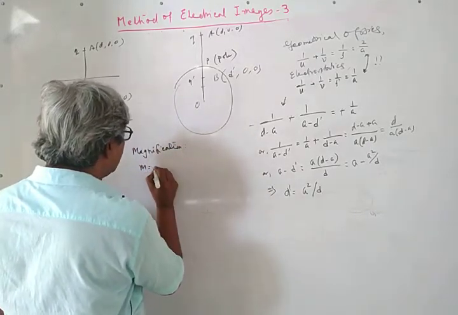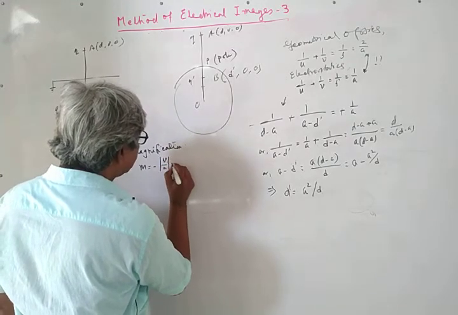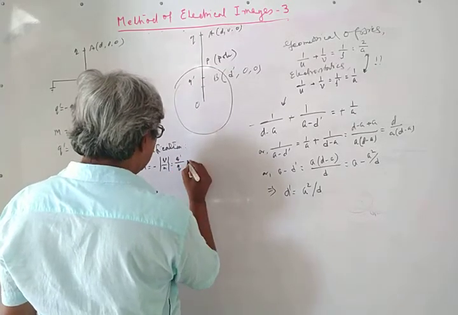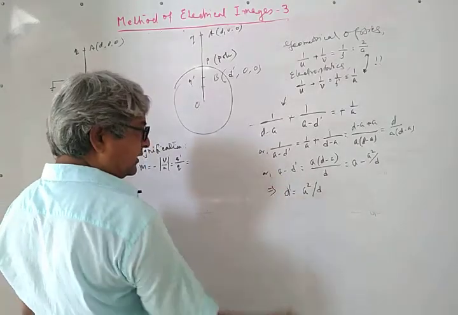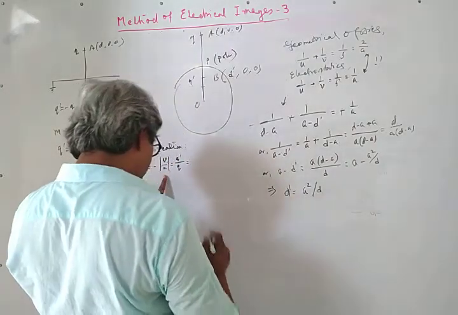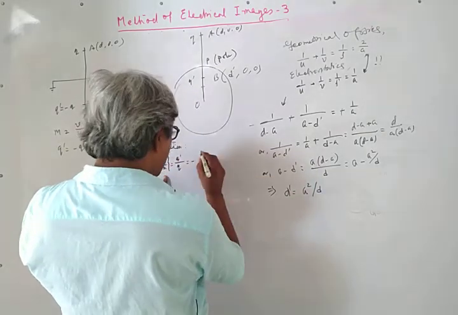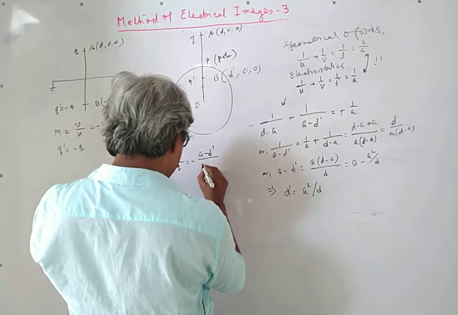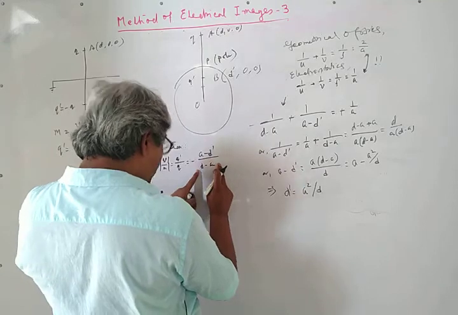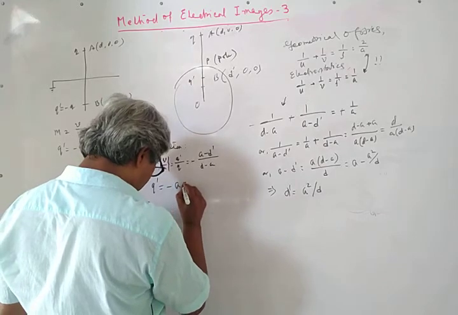Now come to the magnification. m is equal to minus v by u. This is equal to q prime by q, and if we write the values of v and u and simplify, we land up with minus aq by d.